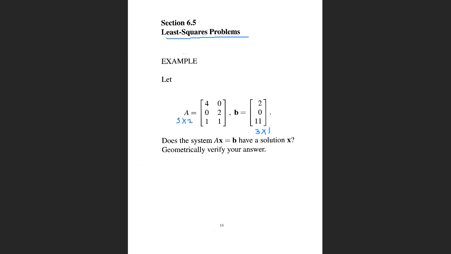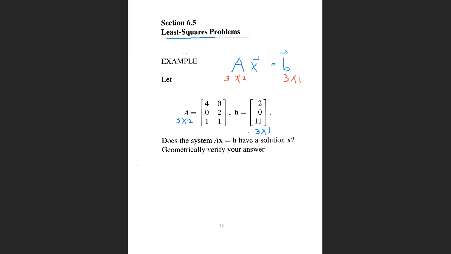So the system of equations AX equals B, well, the matrix A, as I said, is a 3 by 2. Vector B is a 3 by 1.